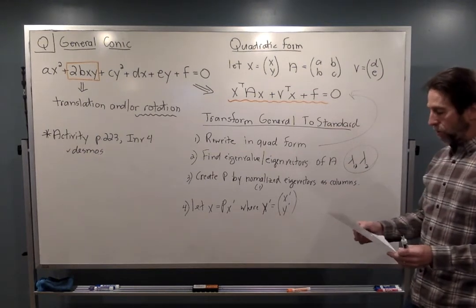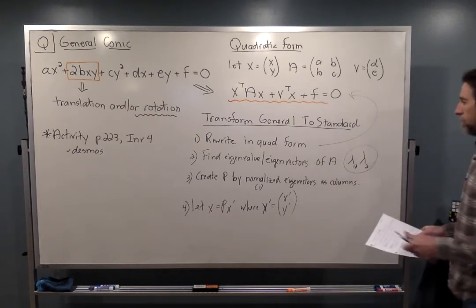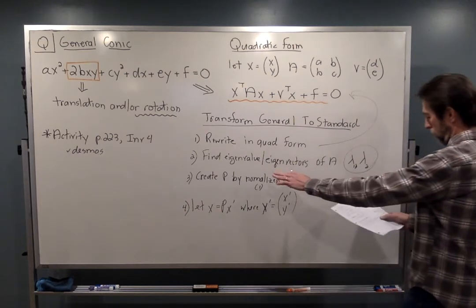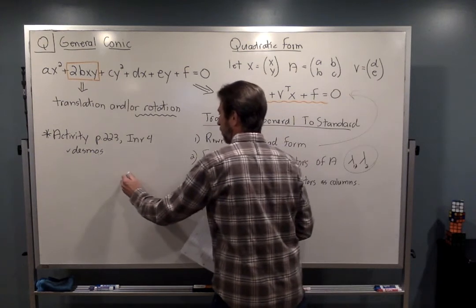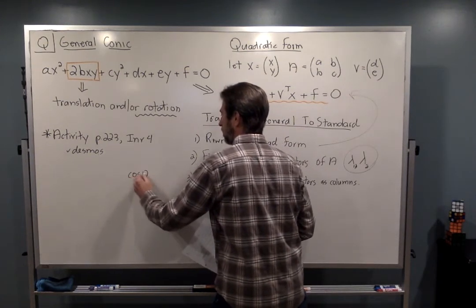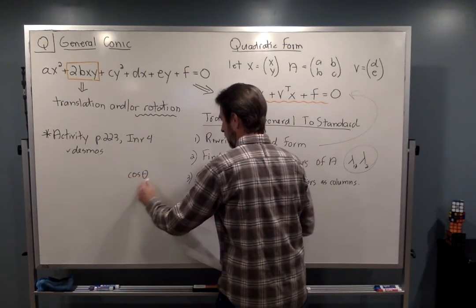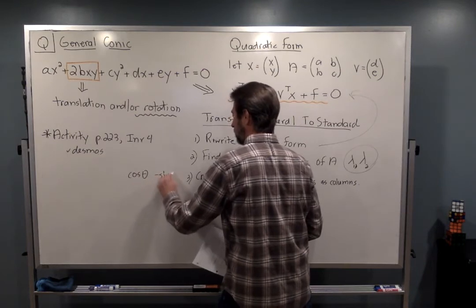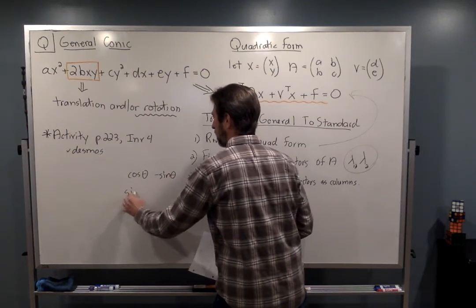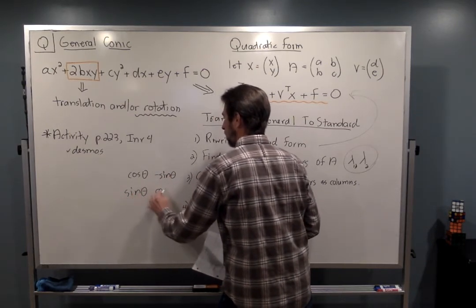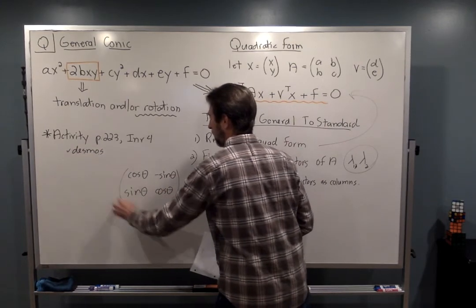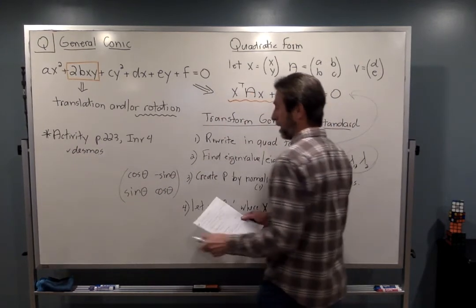Now a couple of things to recall in terms of this P value: if we have cosine theta, negative sine theta, sine theta, cosine theta, that's basically a rotation matrix.